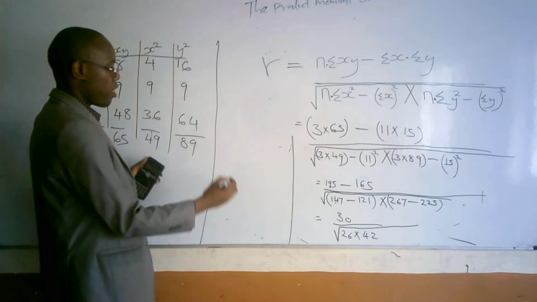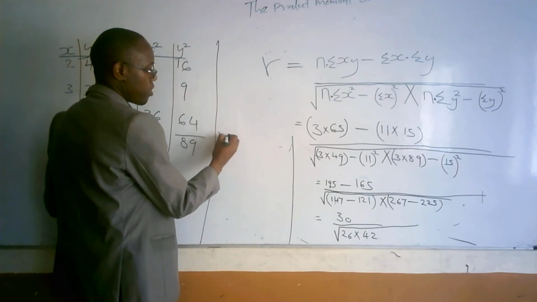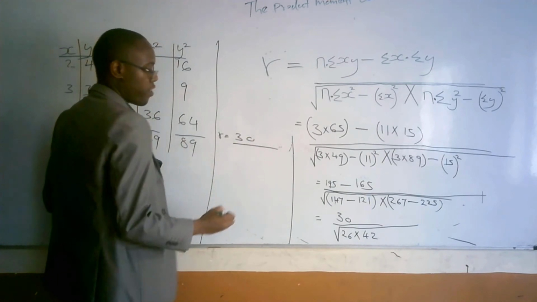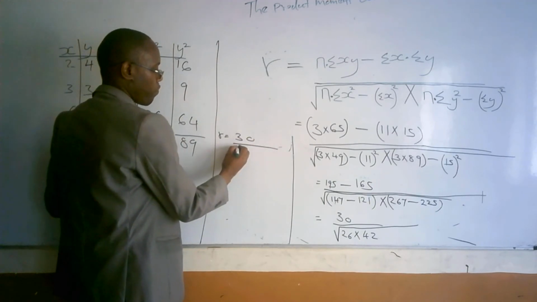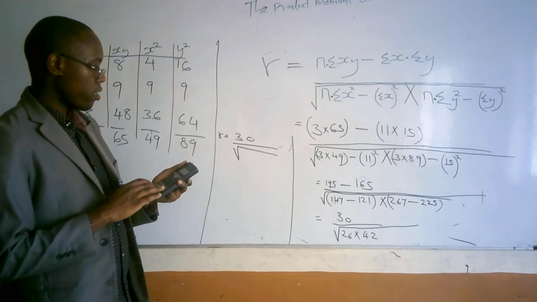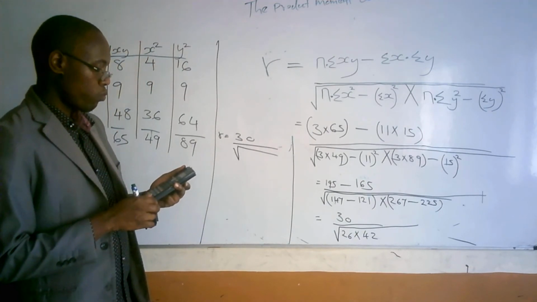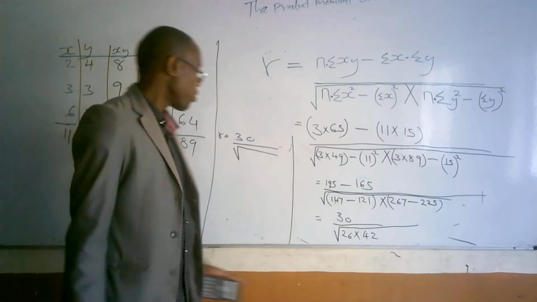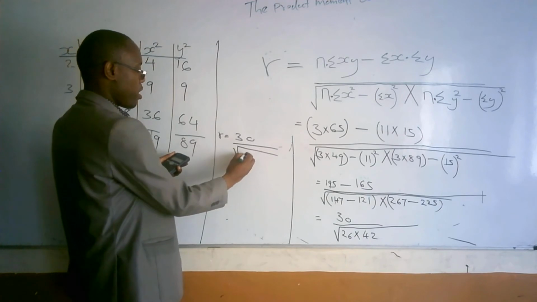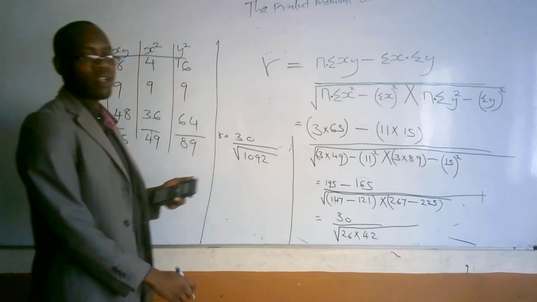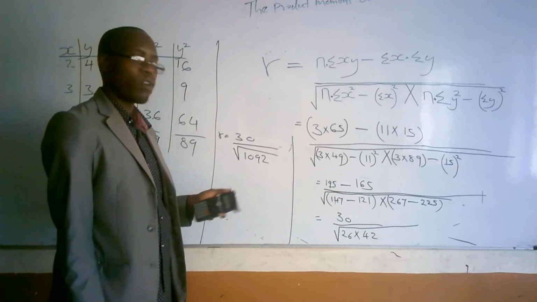So our R is going to be 30 over the square root of 26 times 42. So 26 times 42 is going to give you 1092. So that's what you are going to have there.